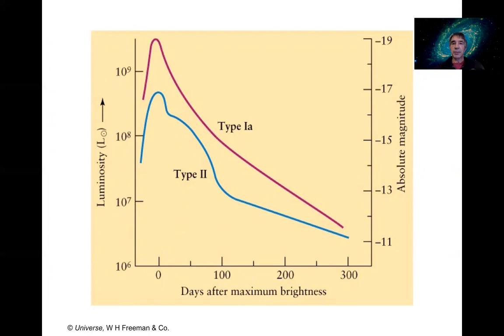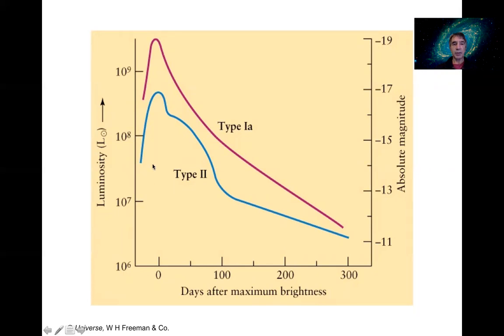But as that gas expands, it cools, and so you get an initial very rapid rise in the brightness. This is a light curve again, so this is the brightness or luminosity, whichever you prefer. It's got magnitude on this side, luminosity on this side, as a function of time since the peak there. But here's the rise up to the peak. Okay, so the explosion would happen around about here. And so initially it gets very, very bright within a few days. And I mean very bright.